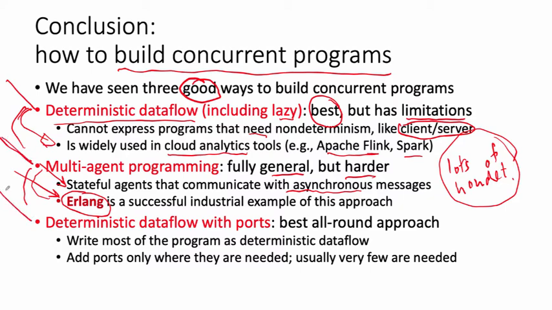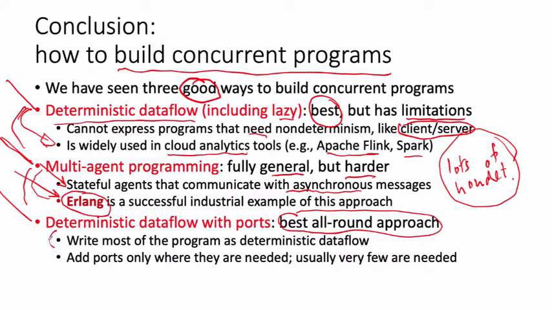The third one is what we saw today. This, in my view, is the best all-round way of doing concurrent programming. If you're completely free, if you're not connected to legacy requirements, then this is the approach I recommend by far as being the best.